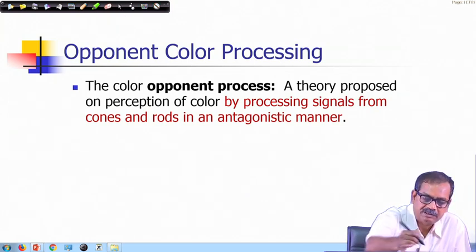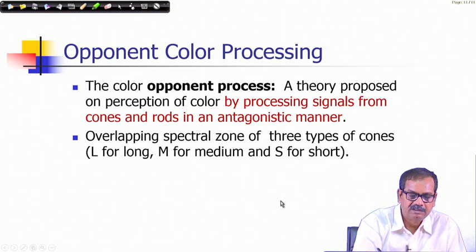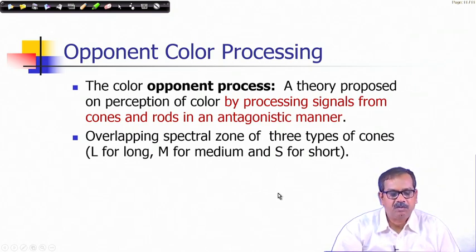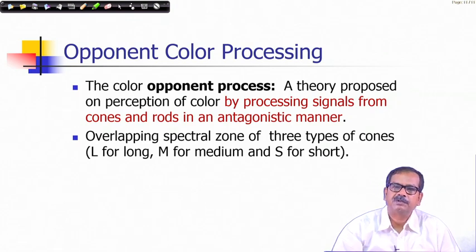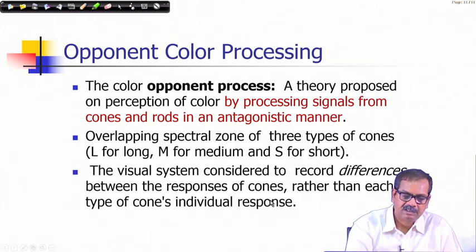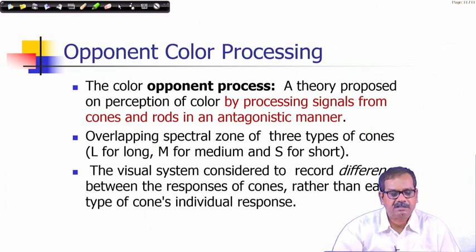However, let us consider the representation in the overlapping spectral zone of the 3 types of cones. We know the 3 types of cones we discussed: those that respond more to the long wavelengths are called L, medium wavelengths called M, and short wavelengths called S. So L, M and S types of cones are there in our visual system, and the model considers the differences between the responses of cones rather than each type of cone's individual responses.